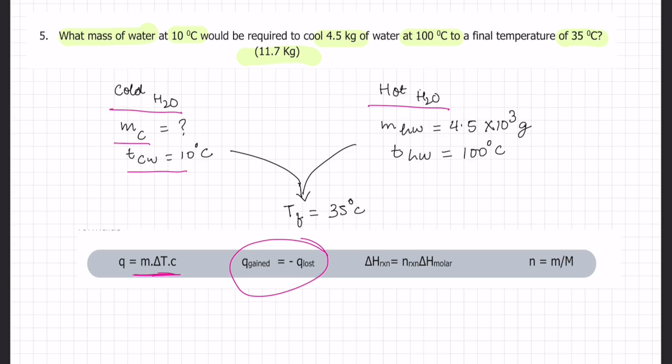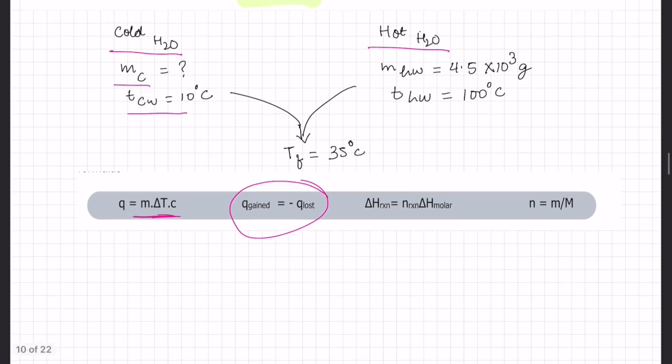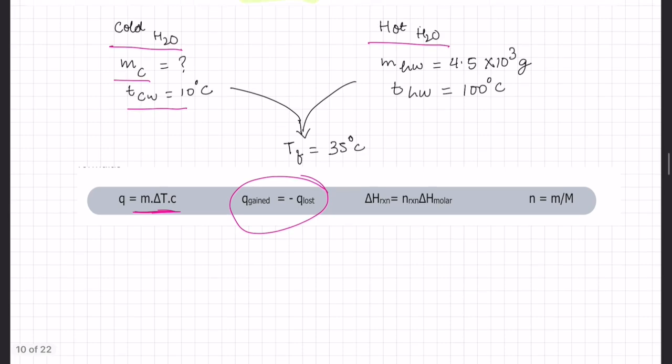So this might be another useful equation. Let's first figure out who is gaining and who is losing energy. If you mix hot and cold water, the hot water is the one that would be losing energy. So let's use this equation. Cold water would gain and hot water would lose energy.